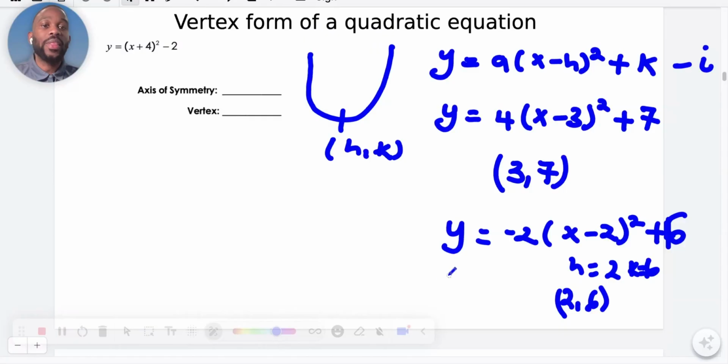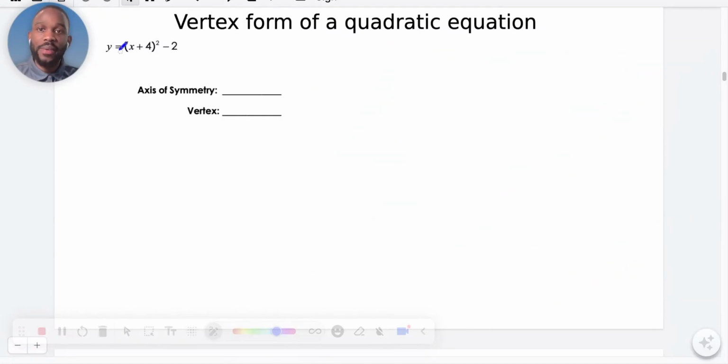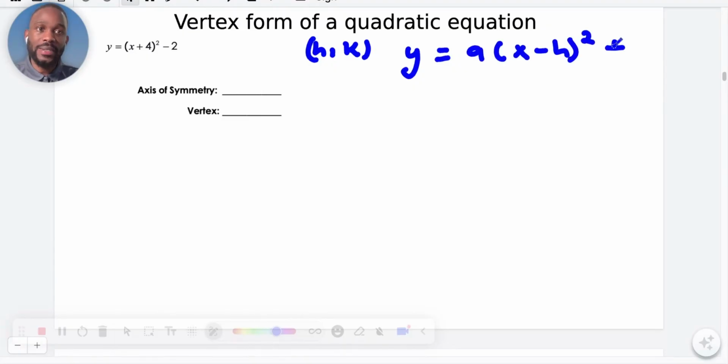Okay. Now, the axis of symmetry will be x is equal to h. All right. So let's get into this example. So they're giving me this equation and they're asking you for the axis of symmetry and the vertex. So what I know for a vertex, if those are the coordinates, the quadratic equation in the vertex form will be y is equal to a into x minus h squared plus k.